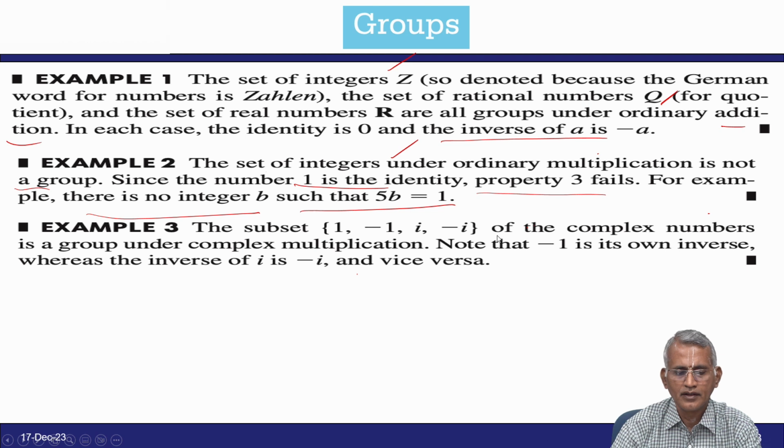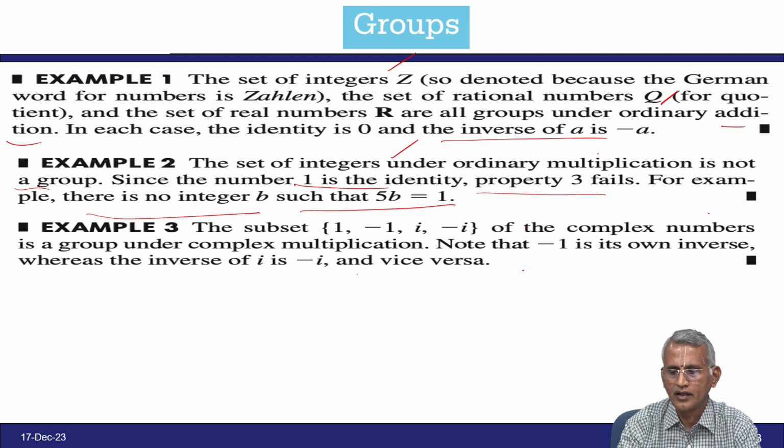Next example: the set 1, minus 1, i, minus i of complex numbers is a group under multiplication. Note that 1 and minus 1 are their own inverses, whereas the inverse of i is minus i and vice versa.